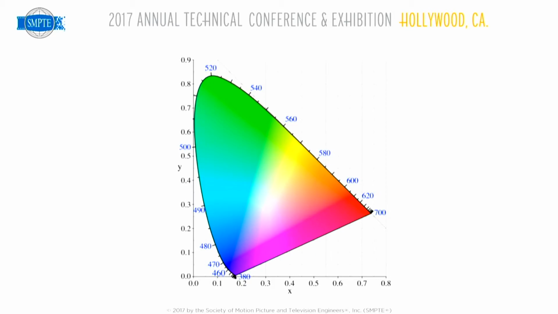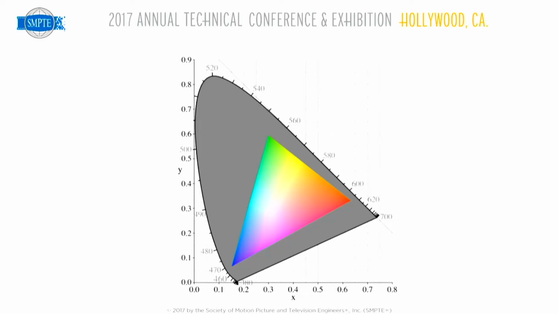Okay, so I will start with the basic statement of the problem of gamut mapping. This CIE xy chromaticity diagram represents all the colors that a standard observer would be able to perceive. But regular displays, based on the trichromacy property, generate colors by doing linear combinations of their primaries.